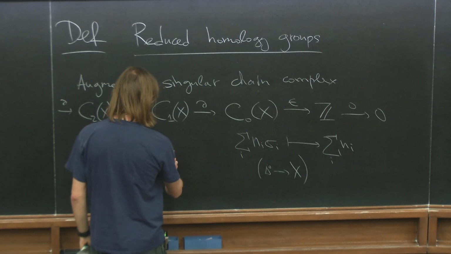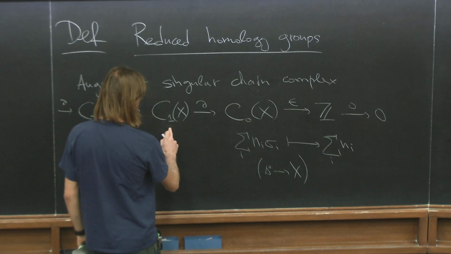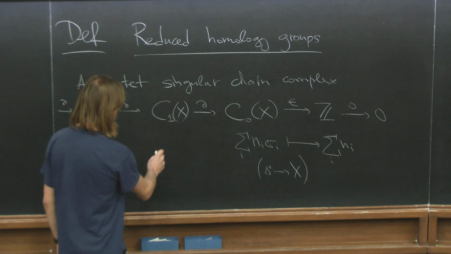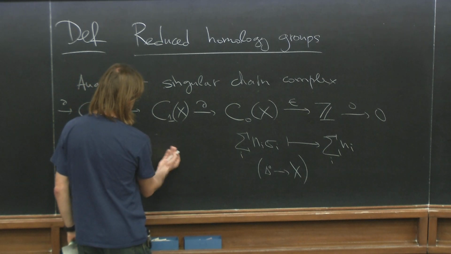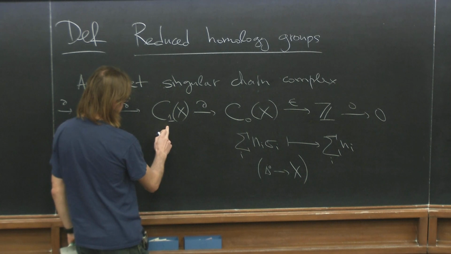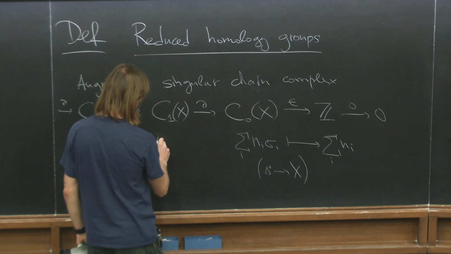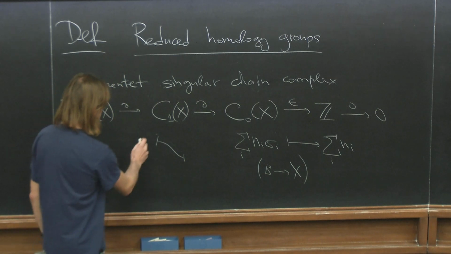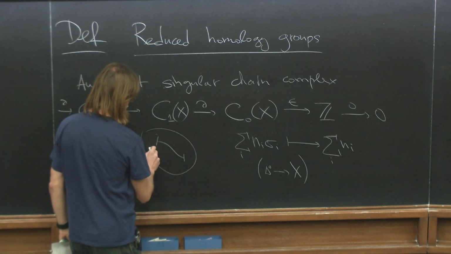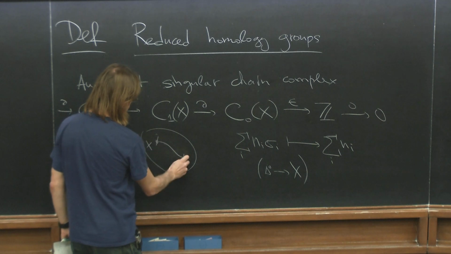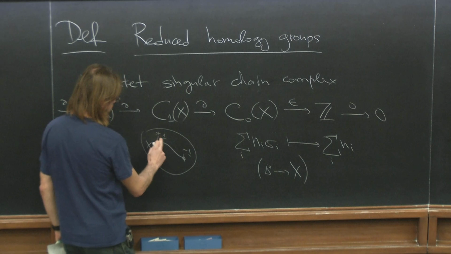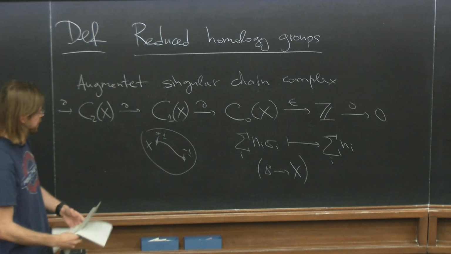If you consider an arbitrary singular 1-simplex here, which is essentially a map from an interval to a topological space X, its boundary will give us a linear combination of its boundary points with signs plus and minus 1.